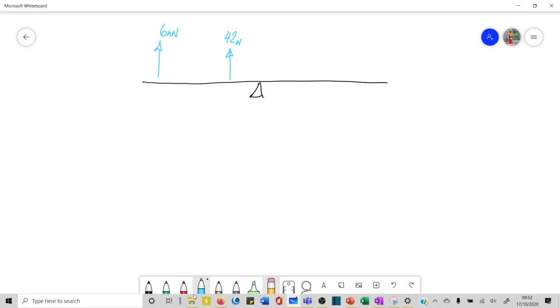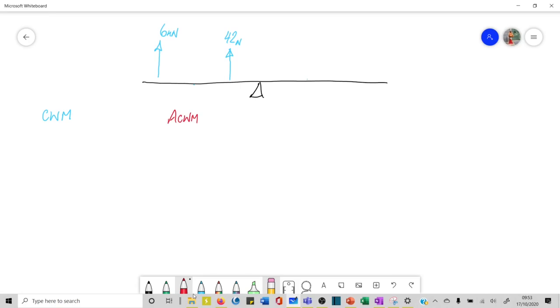Let's say we've got one around about here, let's say that's 8 Newton. And then let's add a force over here. In fact, let's do this in a different color, because I should really have done that in a different color, and I'll tell you why in a second. So the ones in the blue are clockwise moment, and the ones in the red are going to be anti-clockwise moment.